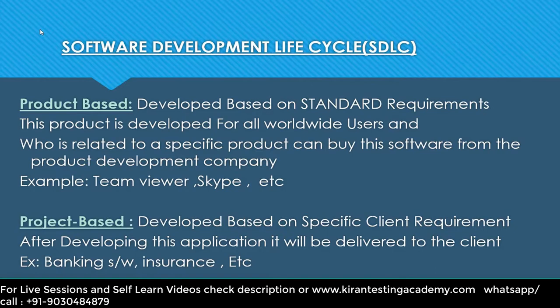Product based applications are designed and developed depending on market standards, for worldwide users. I'm using PowerPoint here, and I have not given any requirements. In simple words, we all are using Gmail, right? So it's product based.